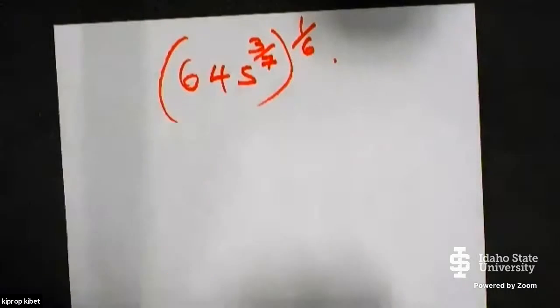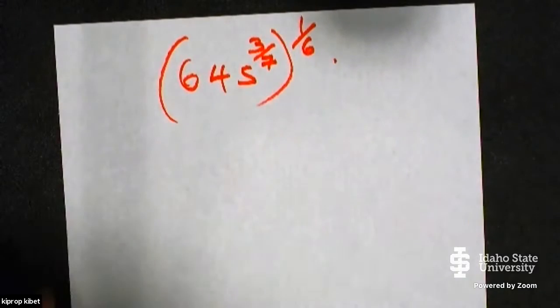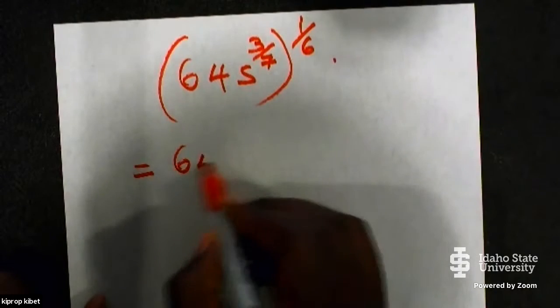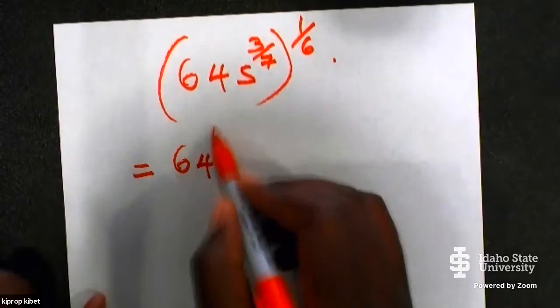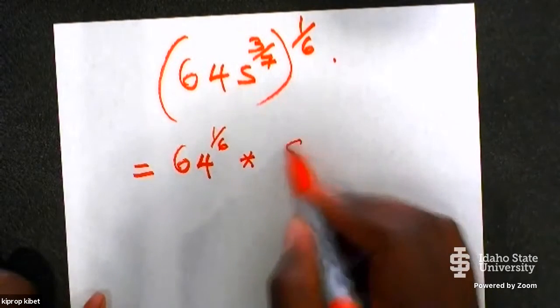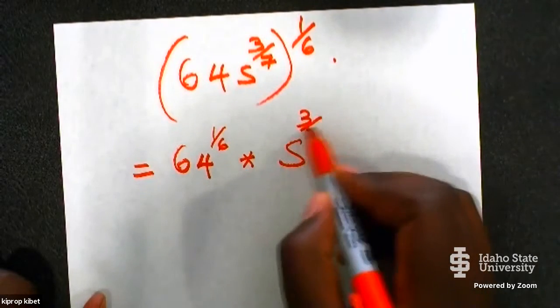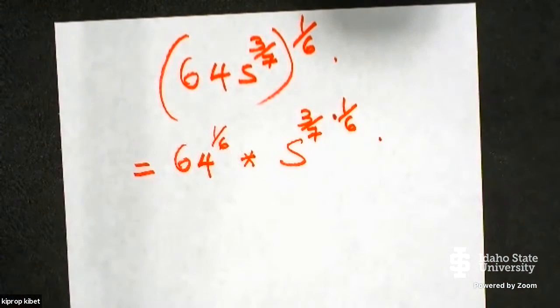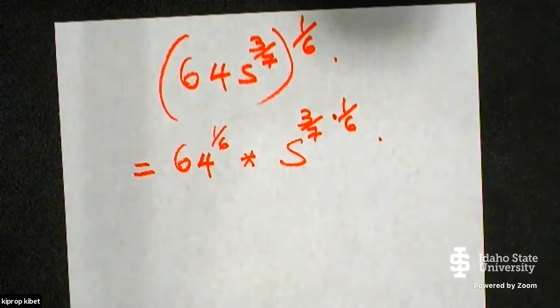First of all, use the power property. So it is equal to 64 raised to 1 over 6, multiplied by s raised to 3 over 7 times 1 all over 6. So that is our first step.